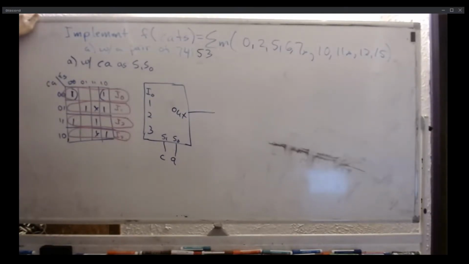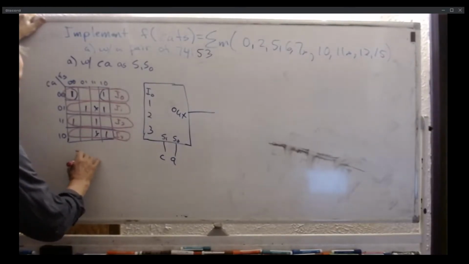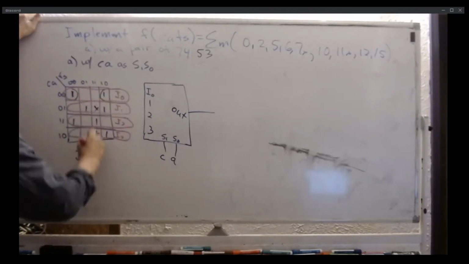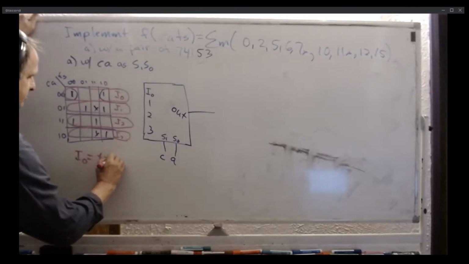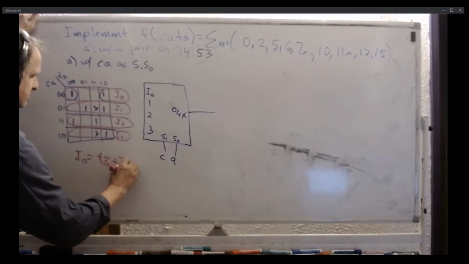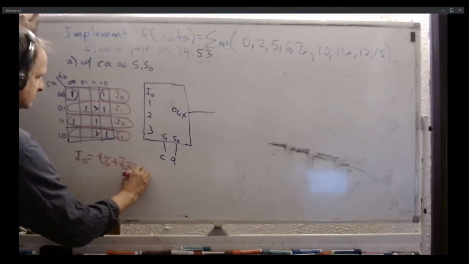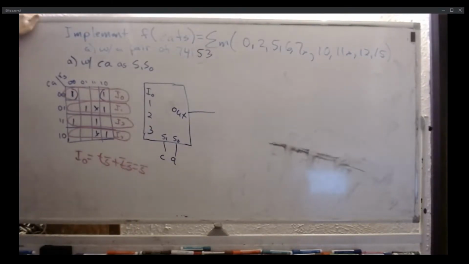So, guys, what are we going to connect to I0? If you want to do it the Boolean algebra way, this one right here, we already know C and A are off because we're in I0.